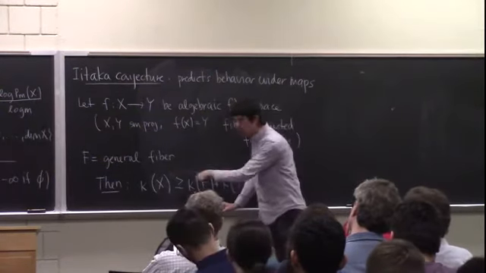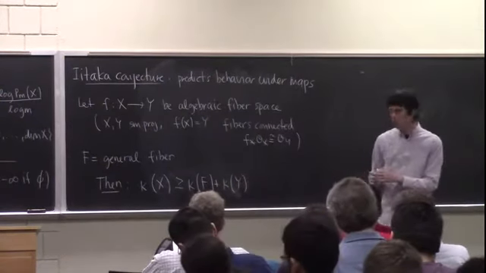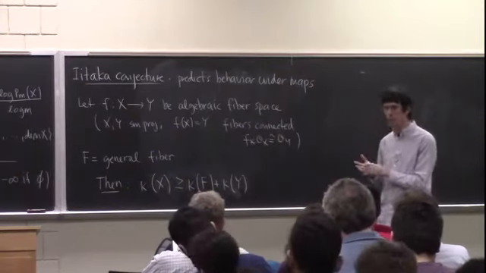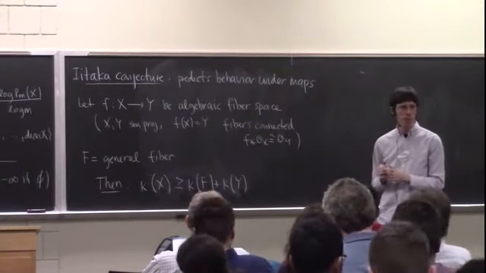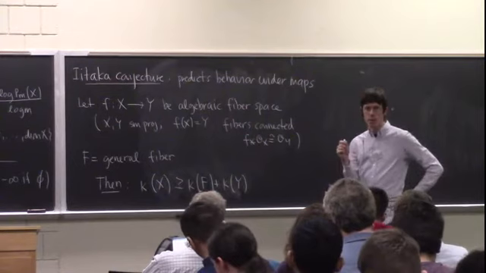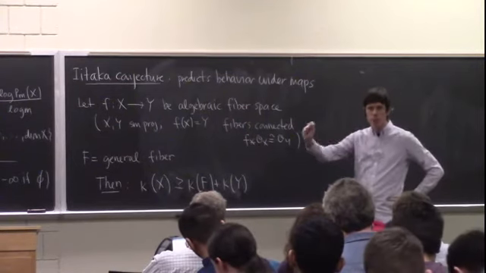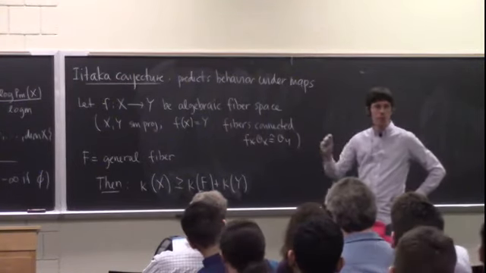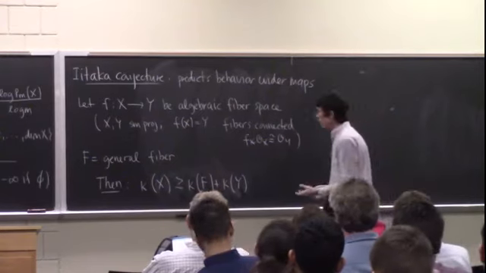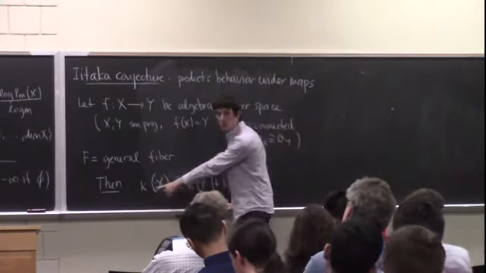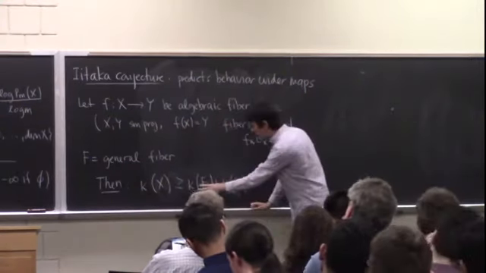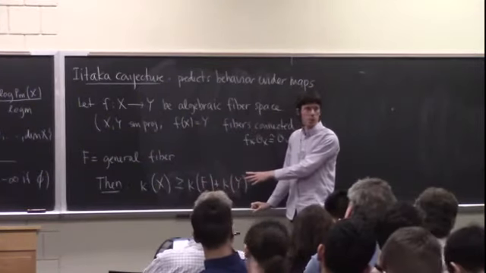So this statement is trying to make a precise version of some general principle, which is that if you have varieties with small Kodaira dimension, they cannot map easily to varieties with bigger Kodaira dimension. This will say, for example, that if kappa of X is small, then it forces kappa of F and kappa of Y both to be small.